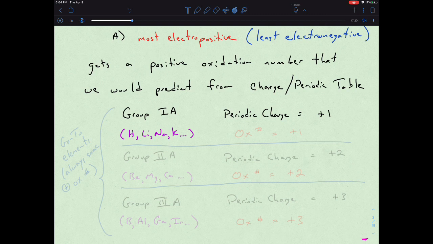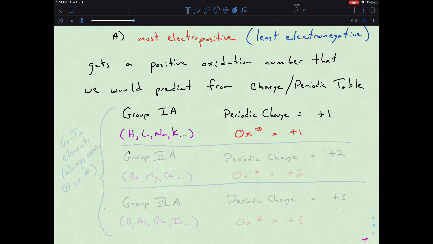And so that means that also is then its oxidation number. These are elements that we always find at the beginning of the periodic table, but also at the beginning of a molecule. So we see that a lot in terms of these always having a +1 oxidation number.